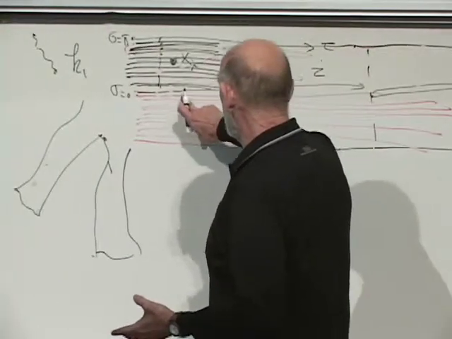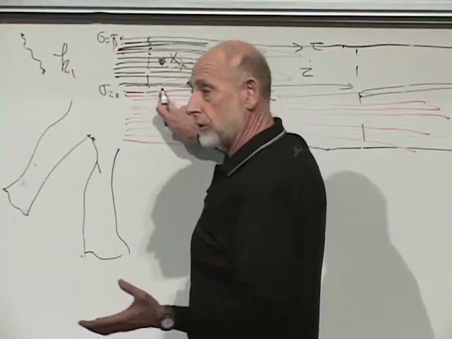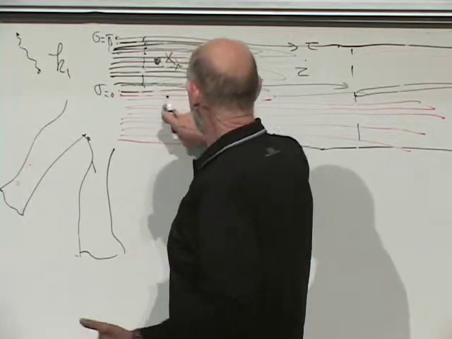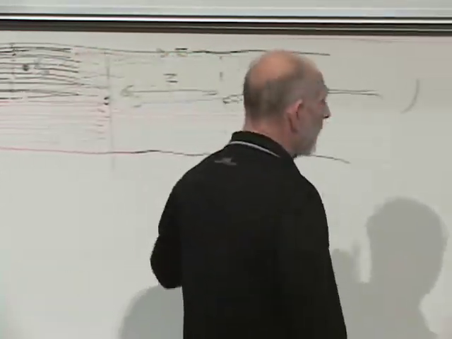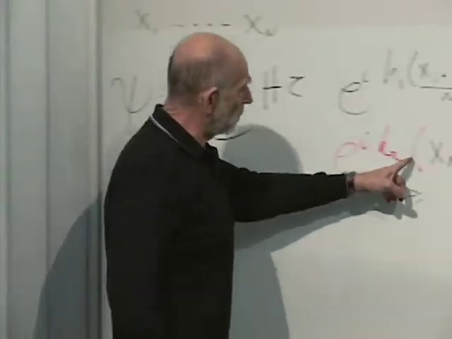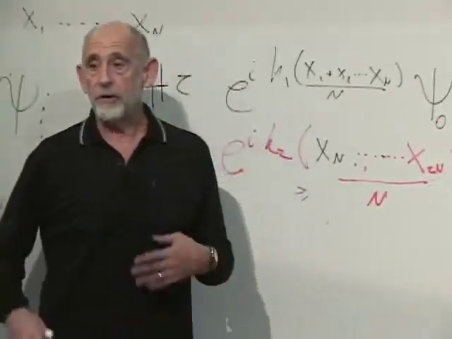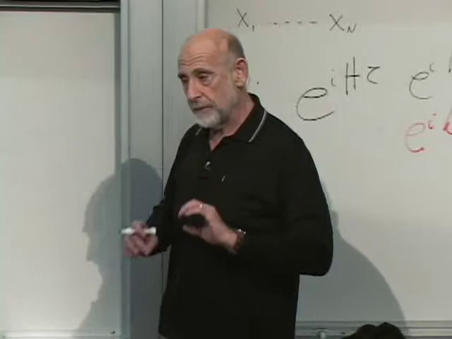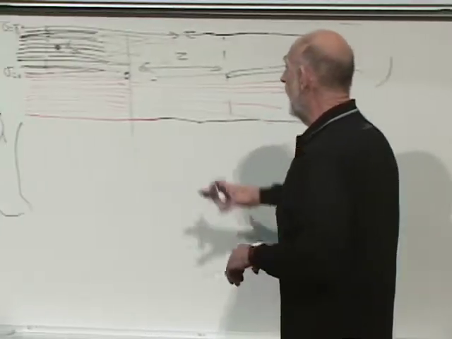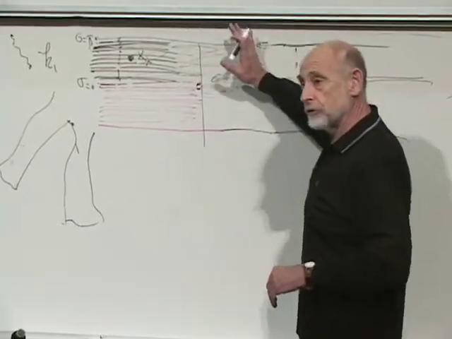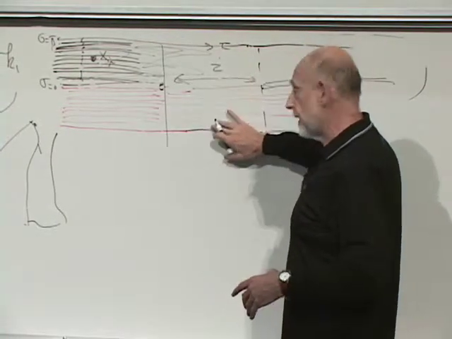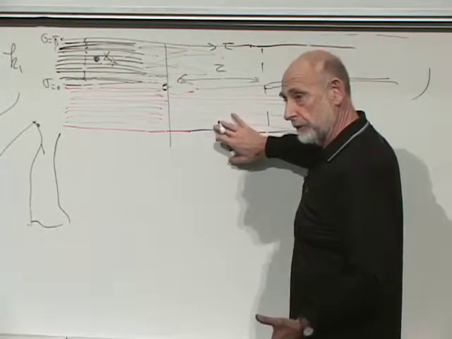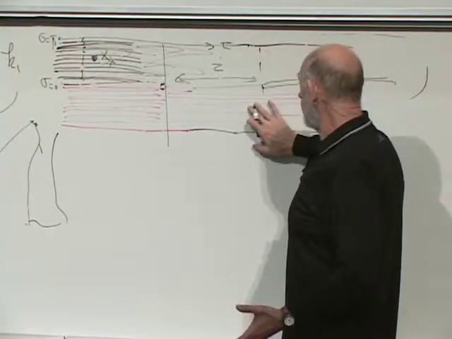To begin with, you don't set the first particle equal to the last particle here. Then you look for the piece of the wave function where those two particles are at the same place. You say, aha, now that they're at the same place, fuse them together and evolve it as if it were a single string, a single collection of mass points and springs, for an amount of time tau.